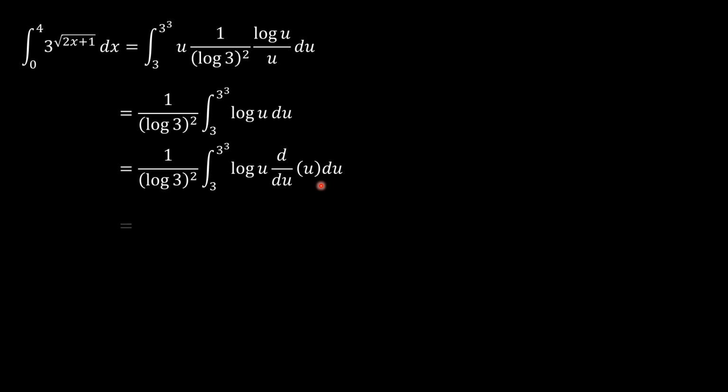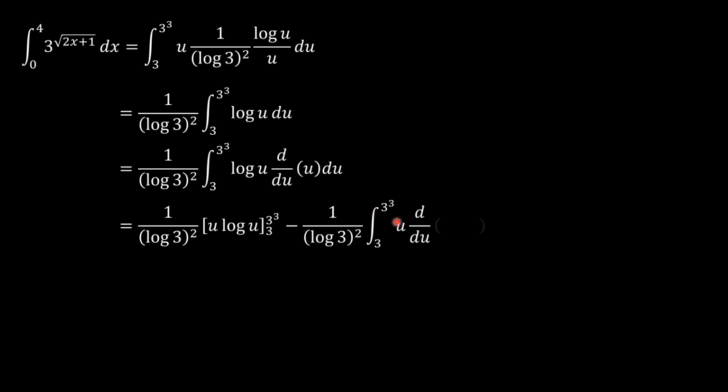And so we can now go ahead and use integration by parts, where we have the product of u and v being equal to u times log u, minus 1 over log 3 squared times the integral of u times the derivative of log u, which is 1 over u.